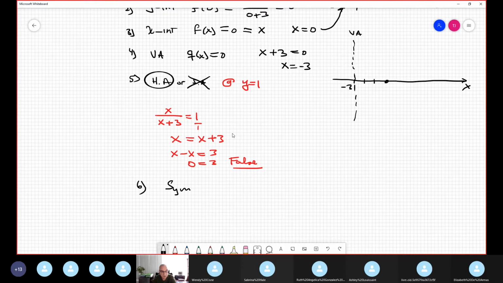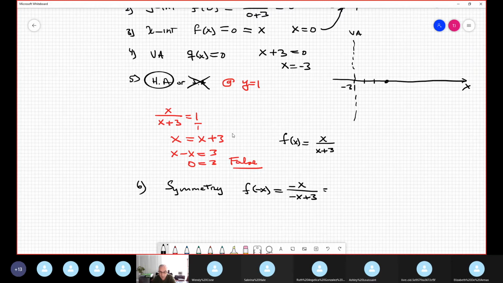Okay, step 6 is the test of symmetry. To test symmetry, for example, you replace x with negative x, making a reflection. The original is x over x plus 3. Replacing gives minus x over minus x plus 3.